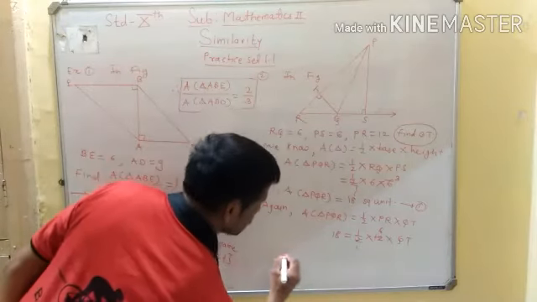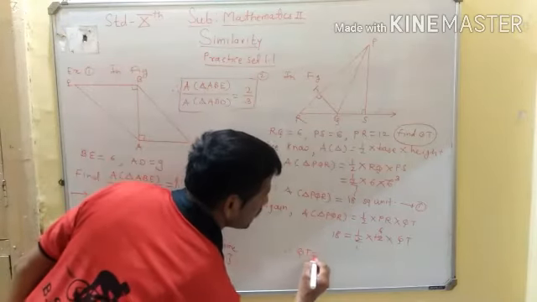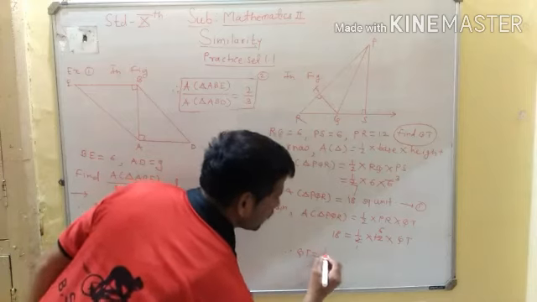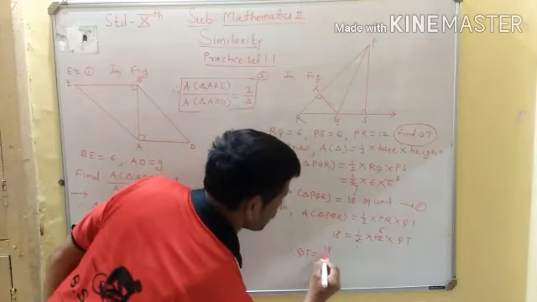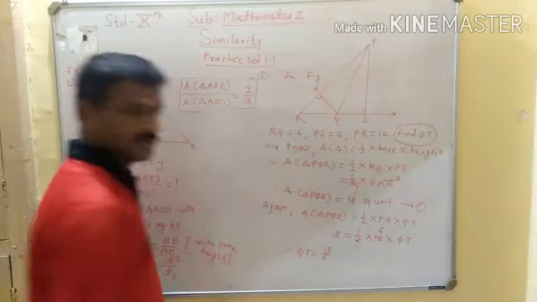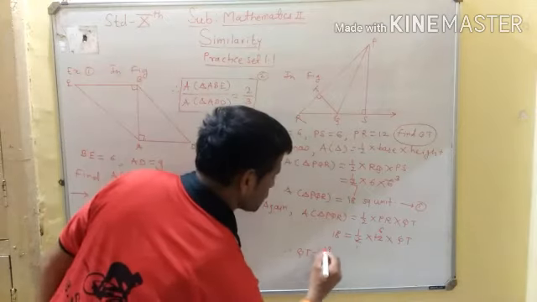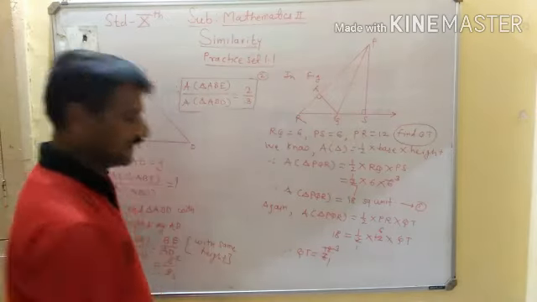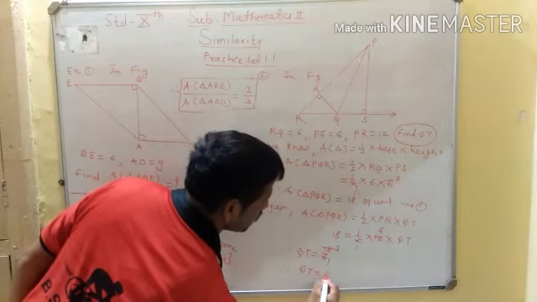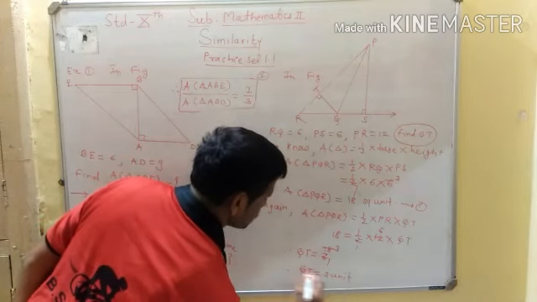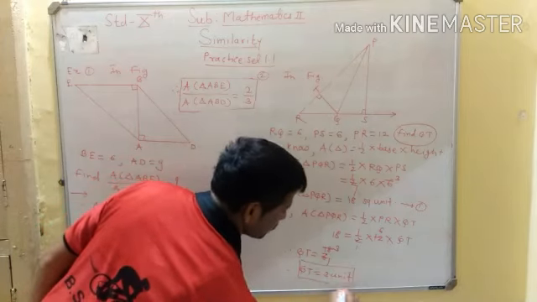That means here we write QT is equal to 18 upon 6. Okay, 6 1s are 6, 6 3s are 18. That means here we write QT is equal to 3 units is our last answer.